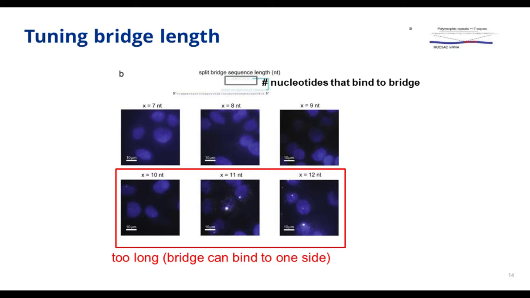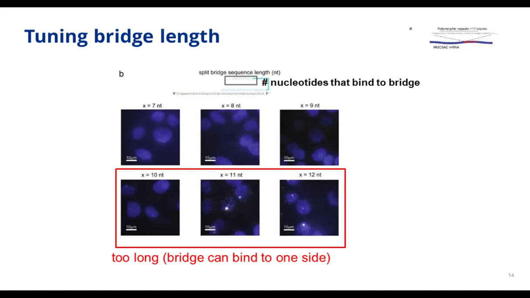So we first tested whether this probe by itself would give off fluorescence. We tuned the length of the dangling sequence, or the wing sequence, which we call here the split bridge sequence, varying its length from 7 nucleotides up to 12 nucleotides.